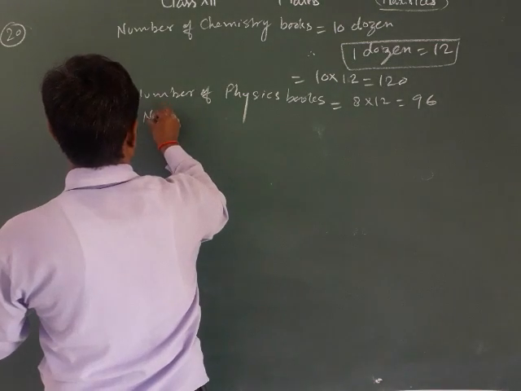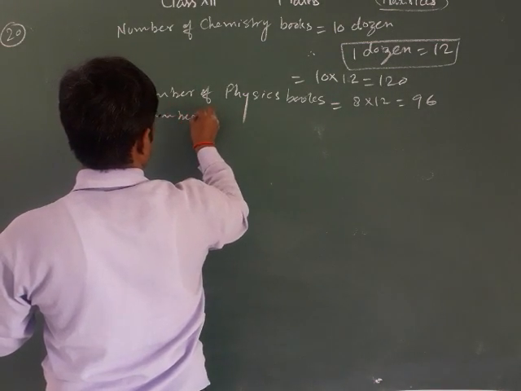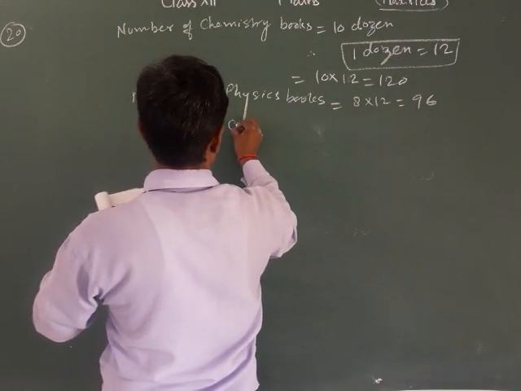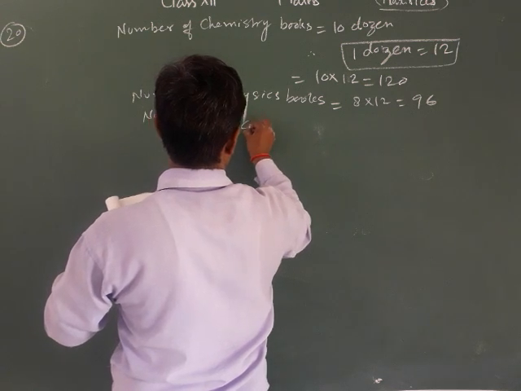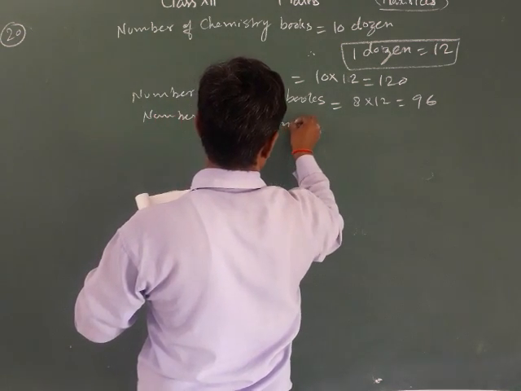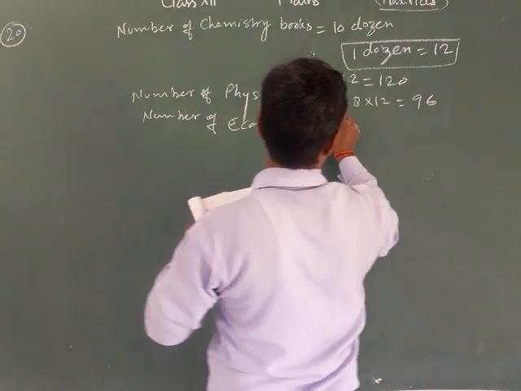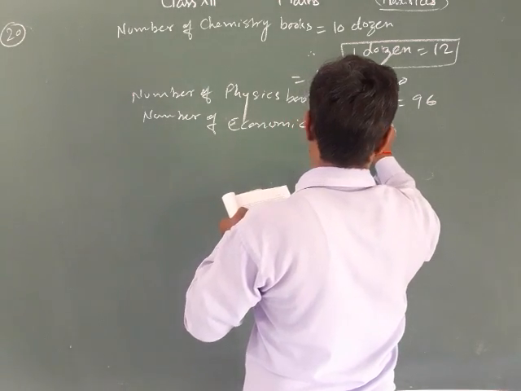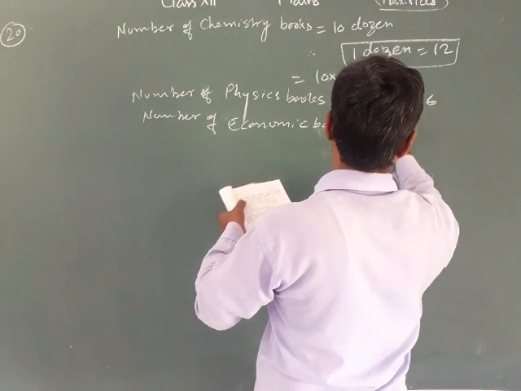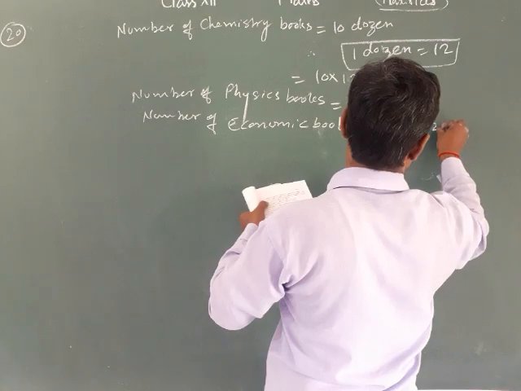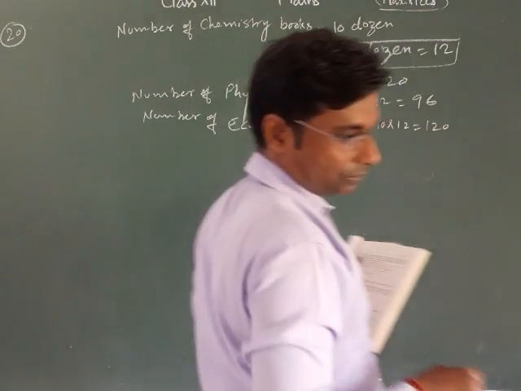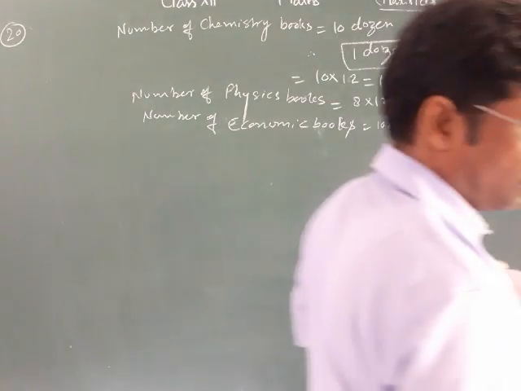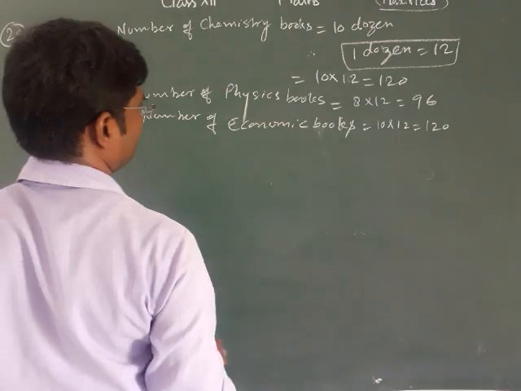And the number of economics books is 10 into 12, which is 120.